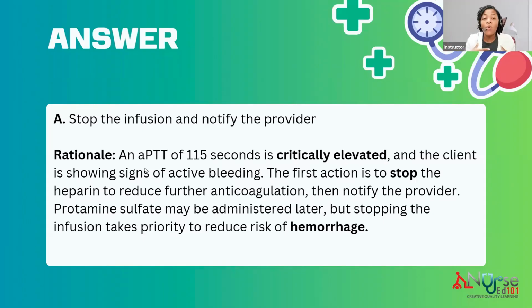But patients that are on heparin, on a blood thinner, are receiving that heparin for therapeutic reasons to thin their blood, right? We want it thin because we want to prevent new blood clots from forming. So with that being said, when we check their labs, their levels should be about 1.5 to 2 times the norm.